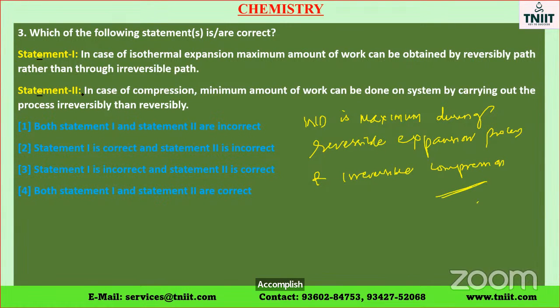So therefore, for this statement, statement 1 is correct. For isothermal expansion, minimum amount of work can be obtained by reversible path rather than irreversible path. So work done is maximum during reversible expansion process and irreversible compression. Here it's expansion, maximum work. So therefore, statement 1 is right and statement 2 is wrong.